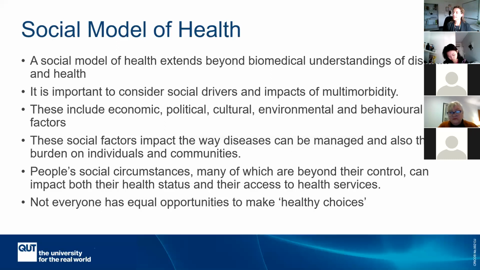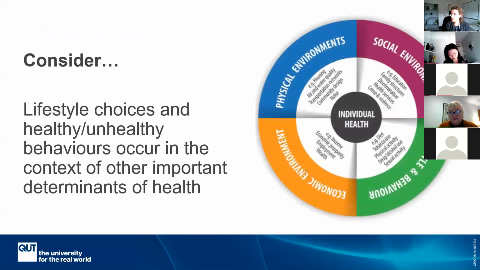And not everyone has equal opportunities to make healthy choices. So I want you to consider, if you can see on that slide, you've got the yellow economic environment, the physical environment and social environment. Now, these are all determinants of health. And the one in green is the lifestyle and behaviour determinants of health.